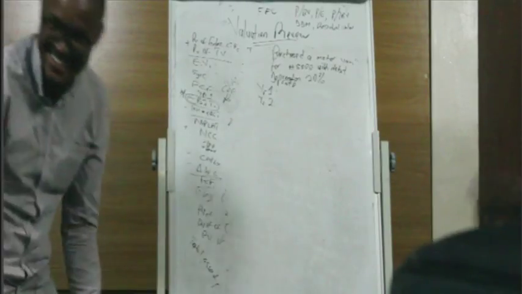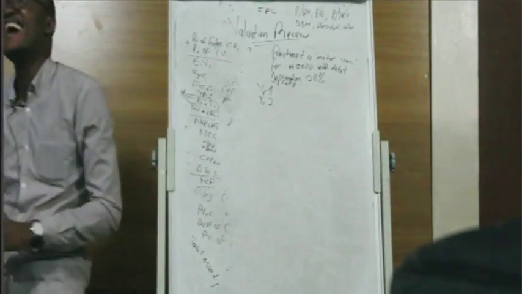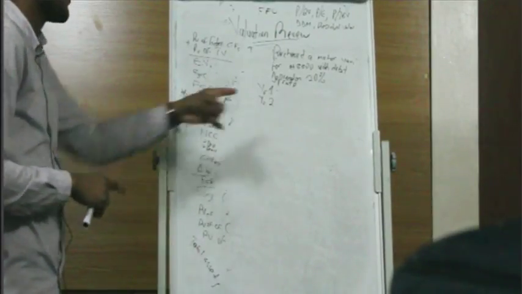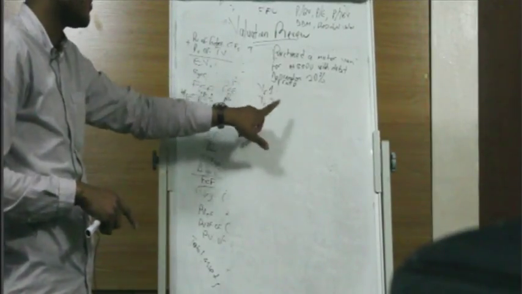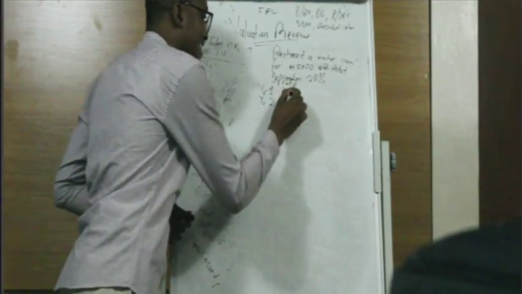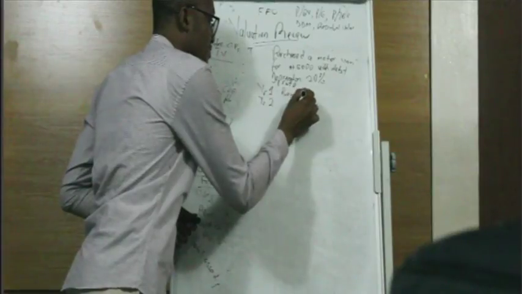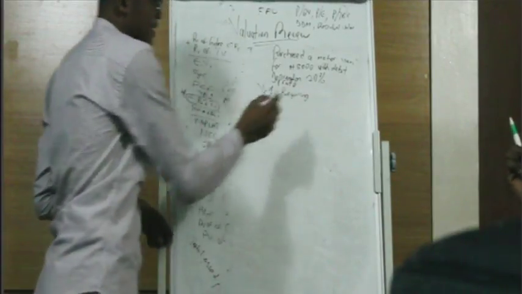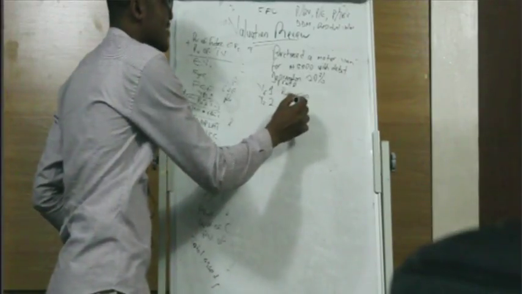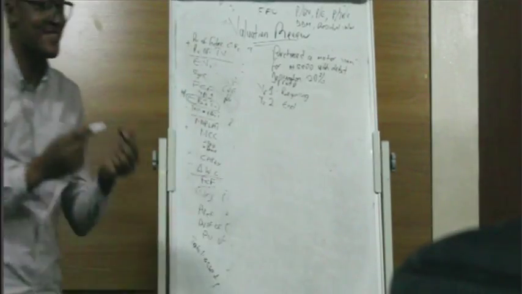So walk me through how it affects the financial statements in year 1. So this is the beginning of year 1, and then the end of year 2. So who wants to try?